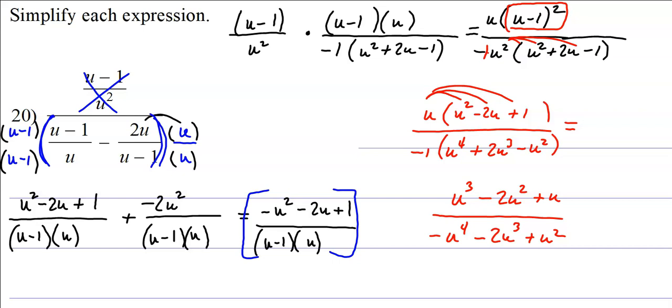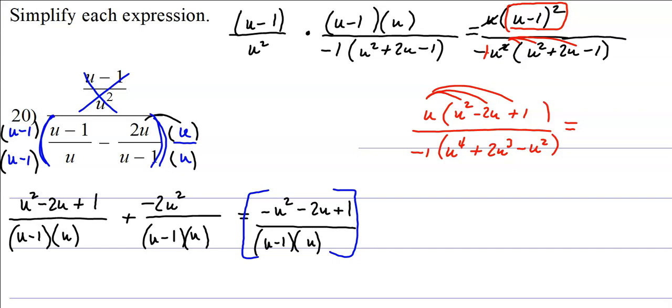Yeah, this one's rough. So what I could have done is pulled a u out of this bottom piece. So way up here at the top, I could have canceled out one of these u's with one of those u's.